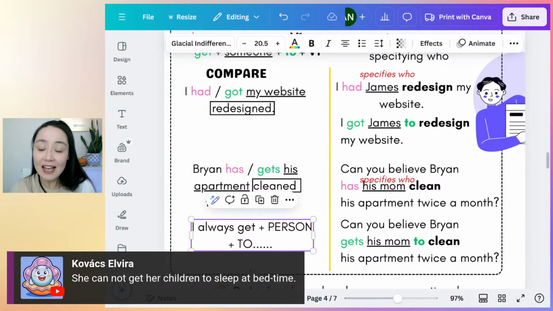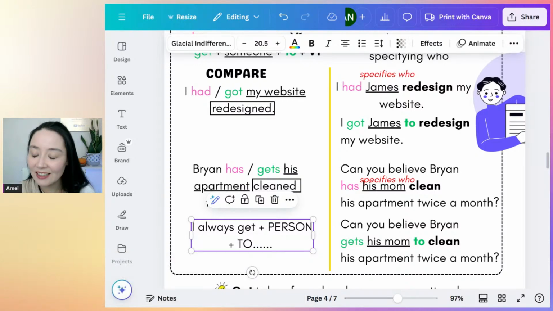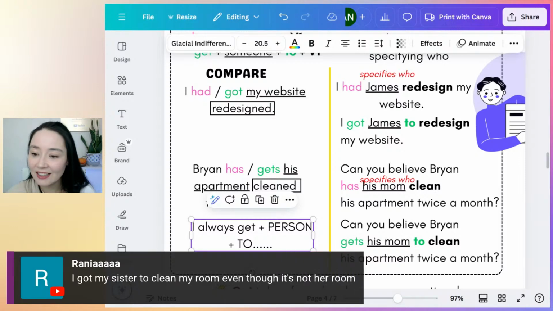Elvira, nice. She cannot, in the negative, really good. She cannot get her children to sleep at bedtime. Good. Nice.